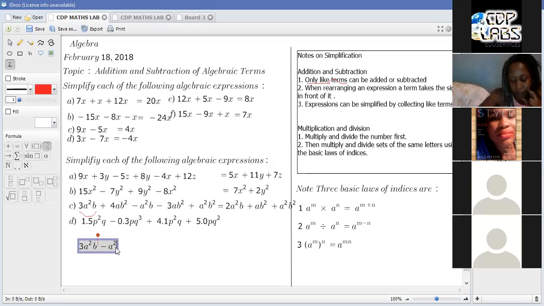Follow the steps and you can't go wrong. So now I'm gonna put the answer for this. The imaginary one is supposed to be here. So 1 from 3 is 2, and we'll put in our a squared b. So it is 2a squared b.